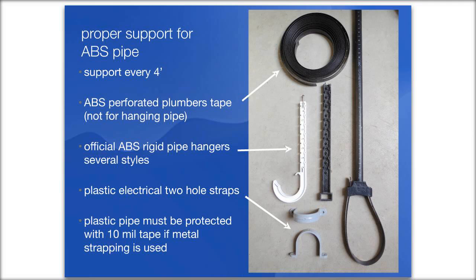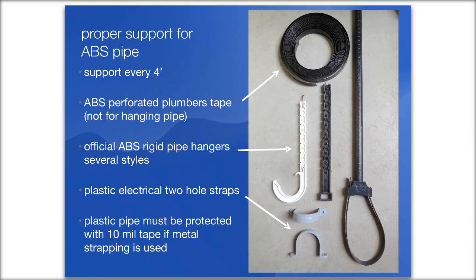So with ABS, you can get the electrical tool-hole straps that are made out of plastic and use those on your pipe. Or if you really only have metal tool-hole straps and you just really need to use it, you can put 10 mil tape around the pipe to protect it.